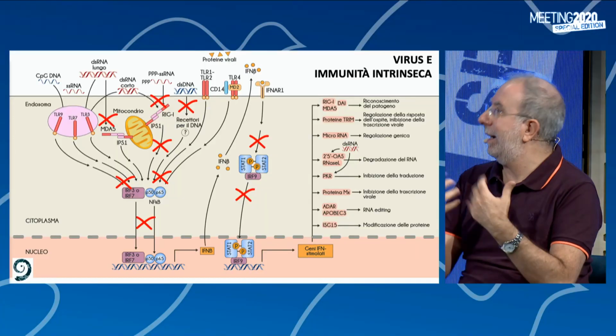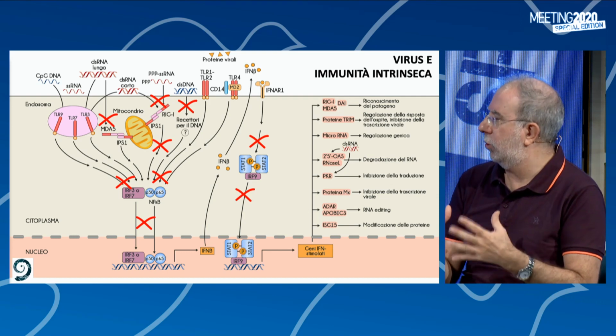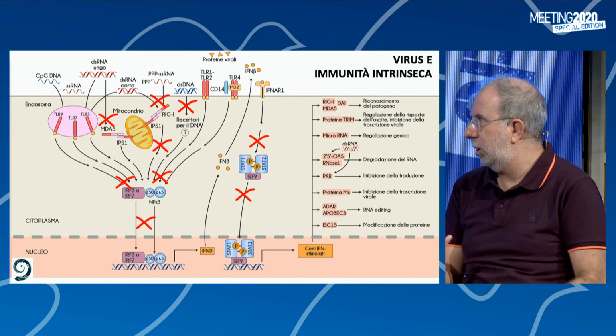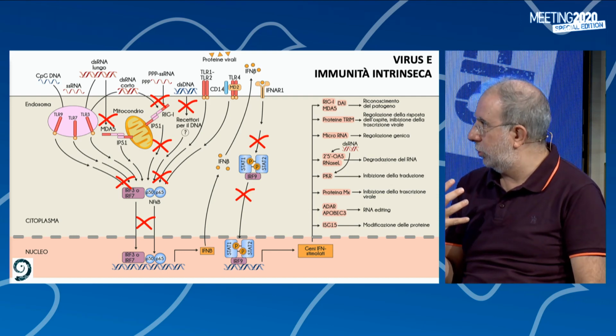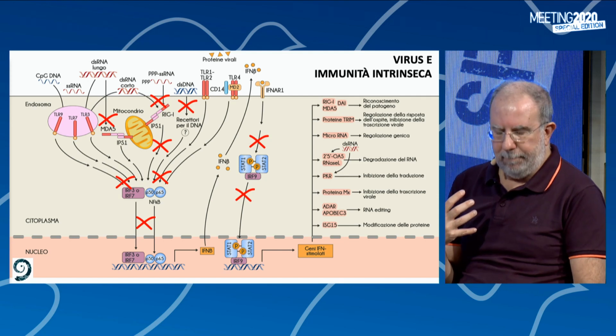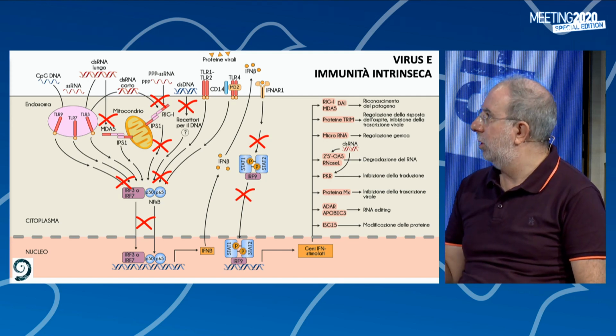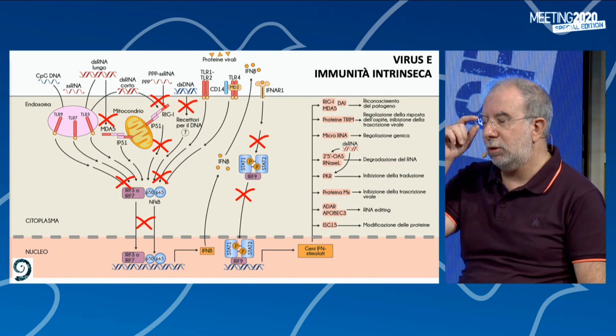In order to better understand how we can block the pathogenic virus, how can we do that? I mean, how can we block the virus? We can block the virus. There are therapies, there are drugs which can be developed and used for that purpose. There are some successful cases.